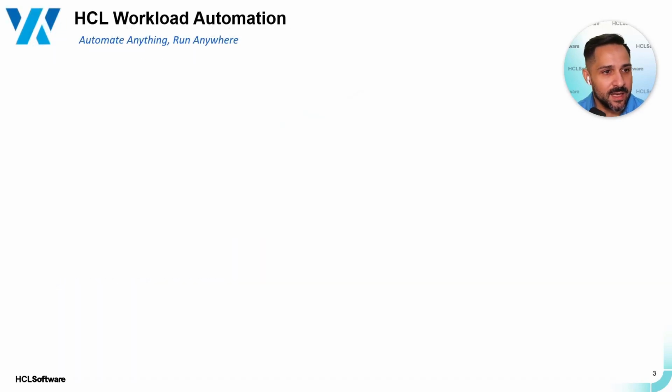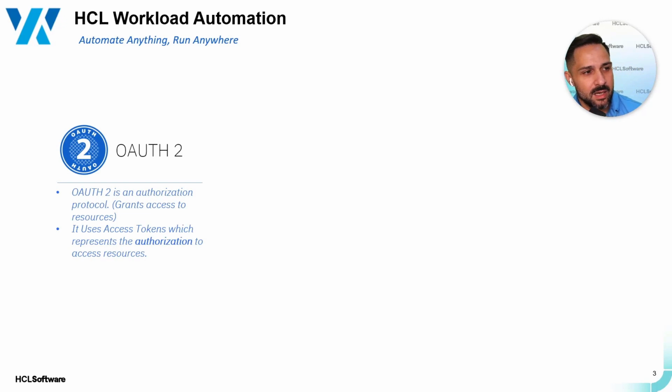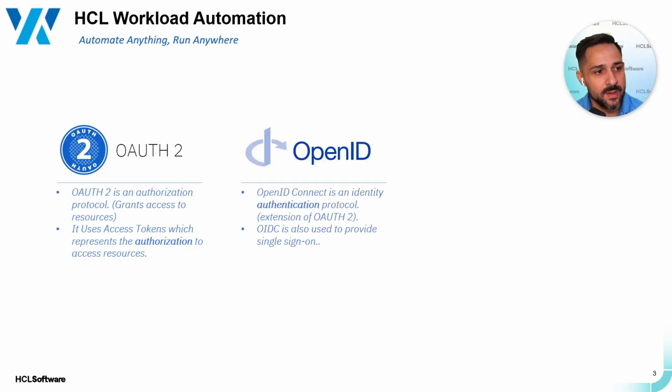Before we start, a refresher around some very basic concepts of OpenID Connect. I will start by naming OAuth2. OAuth2 is pretty much the authorization protocol, where we have the access tokens, which represent the authorization of the resources. With that in mind, we bring OpenID Connect.